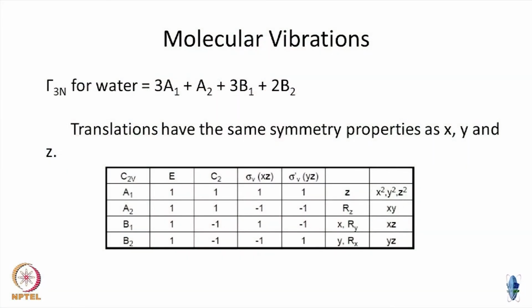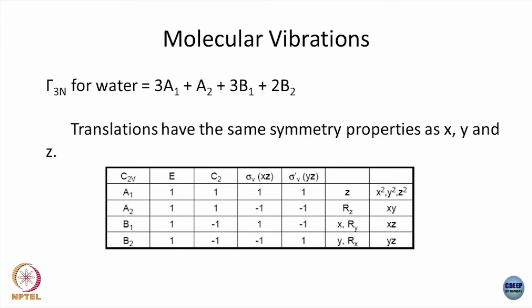So, if you take the motion to be in 3D, you will have 3 into 3 which is 9 degrees of freedom to start with. Earlier we were taking it as 2D and then I said 2 into 3 which is 6 degrees of freedom. So, that is the way we started with. Okay. So, here I am doing it as if it is a 3D situation and then you have to remove the translation. The same procedure there we did only the translation along x and y we subtracted, but now you have to also subtract the translation in the z coordinate because we are doing it like a 3D problem.